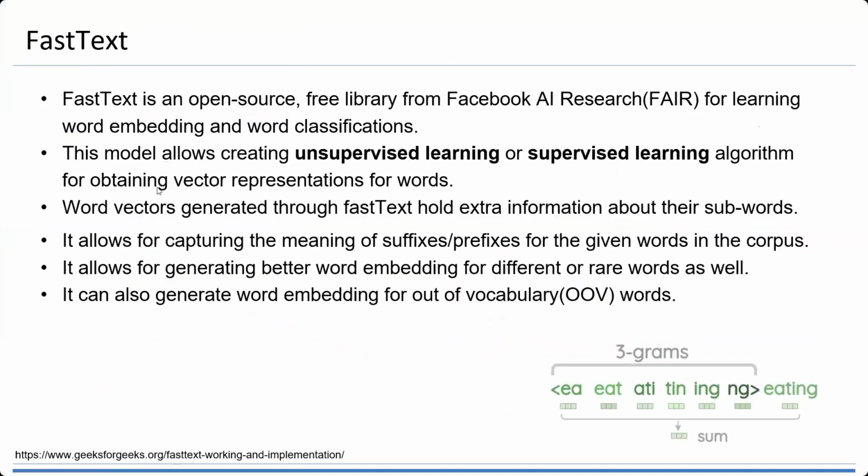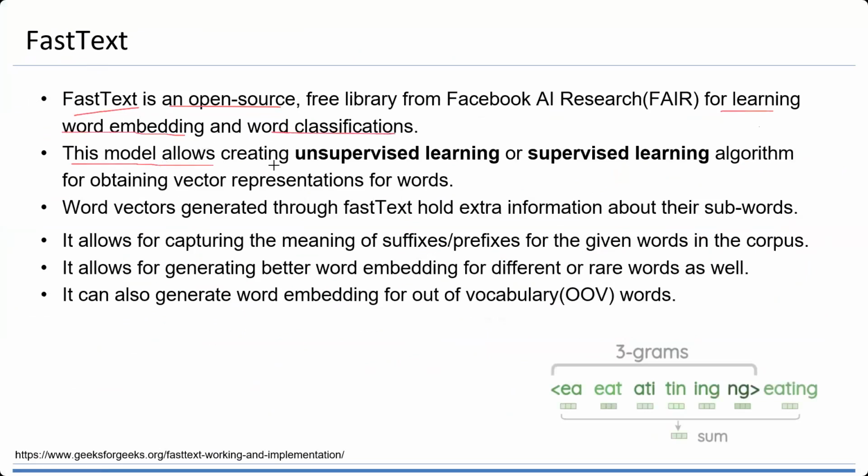There is another kind of word representation, developed by Facebook AI Research. They use FastText. FastText is an open source, free library from Facebook for learning word embedding and word classification.